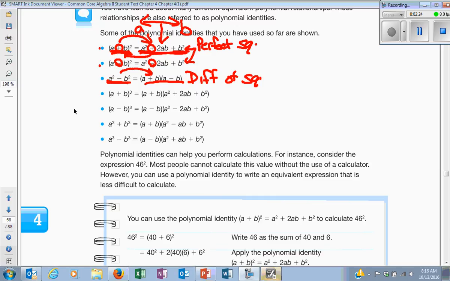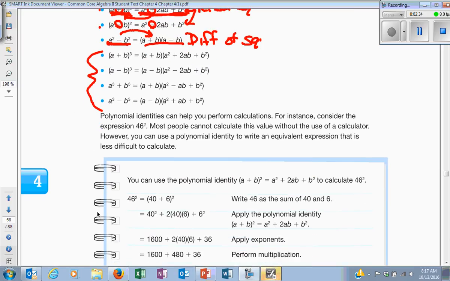All right. Notice here we have all our cubes, and these are the different forms that you need to have. What's the difference between this form right here and this form right here?